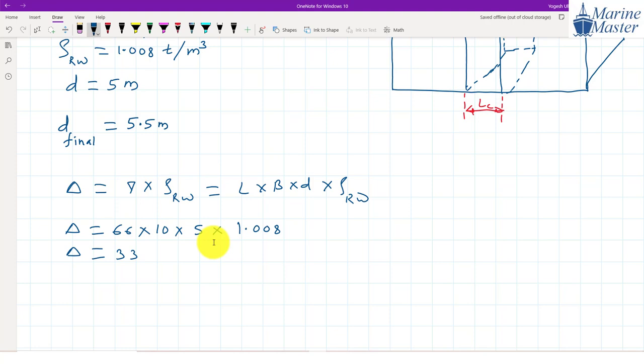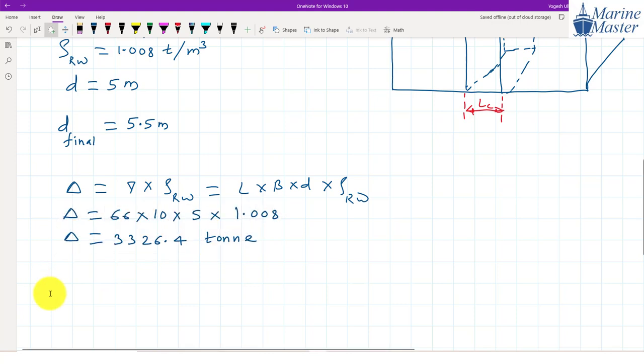We are getting the unit as tons: 3326.4 tons. So before going further, please everyone add this discussion.